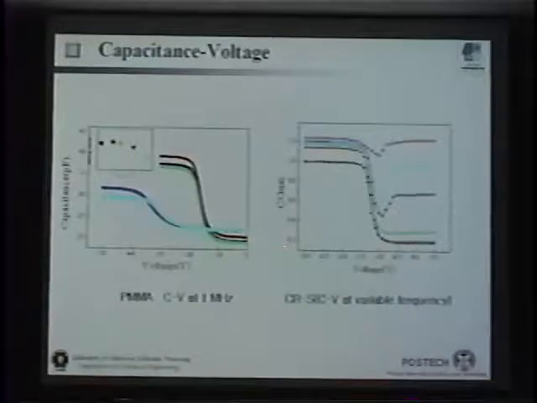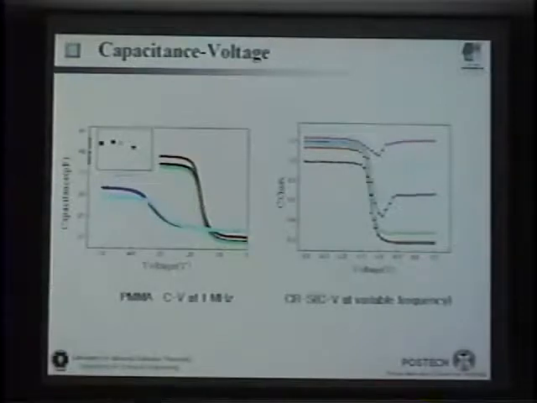And this one is PMMA. These two curves are from the samples annealed above the glass transition temperature, and these three are below the glass transition temperature. And this capacitance was measured at 1 megahertz. Well, if you look at the flat band voltage shift, it is quite large, around 10 or 15.